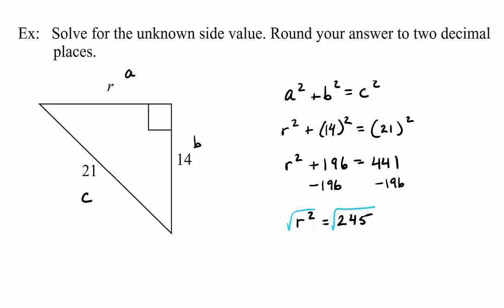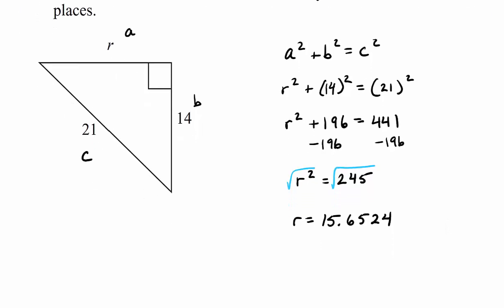Because I want to take 2 decimal places in my final answer, I'm going to take a few extra decimal places. This is going to be 15.6524. I want to round to the second decimal place, so I'm going to look at the decimal place directly after. It's less than 5, therefore I'm not going to round up to the next, and my value of r is 15.65.